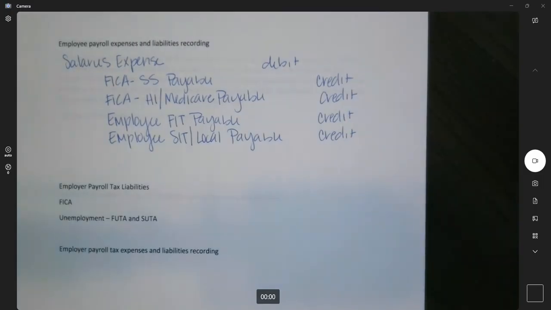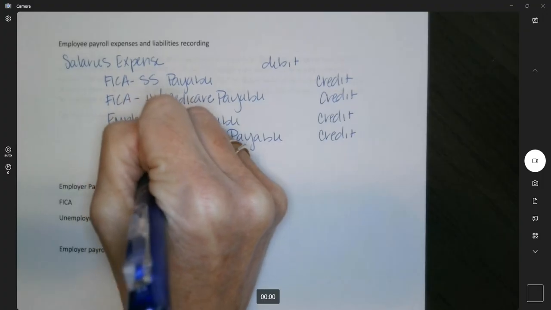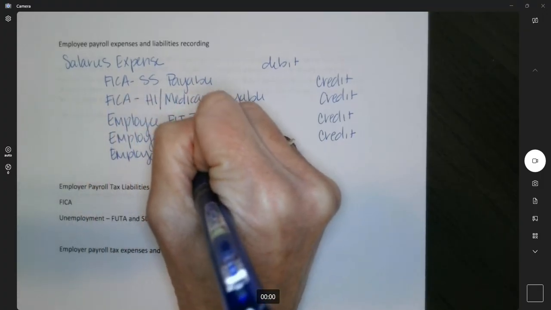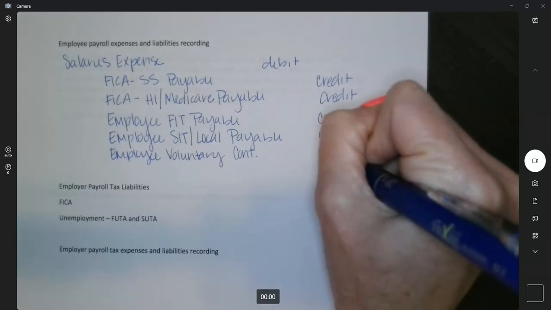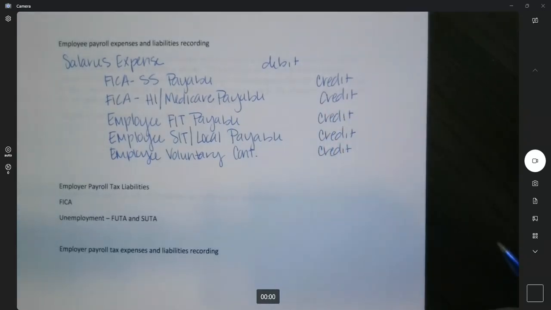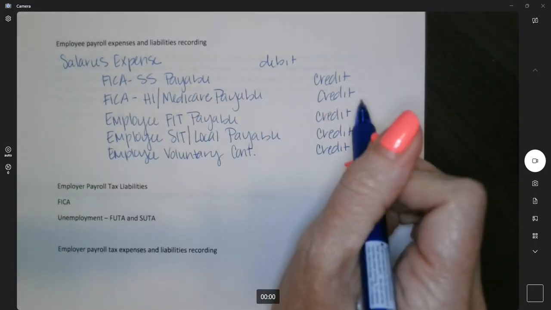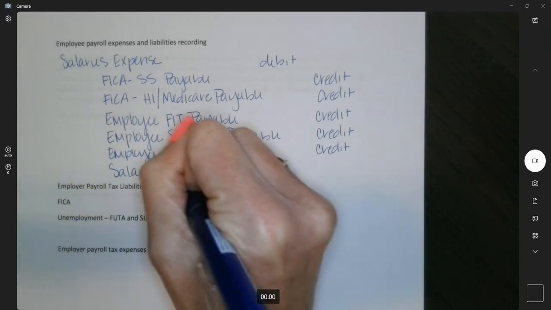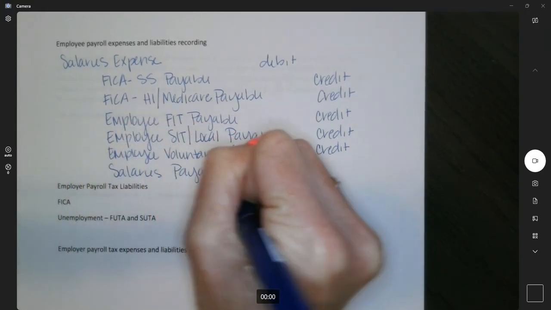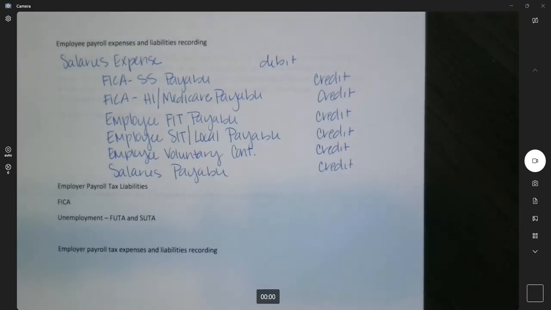Additionally, any additional employee voluntary contributions. This would be like their health insurance or life insurance or 401k, those kind of things. And then finally, once you've reduced the salaries expense by all of these items, what you have left is your salaries payable. We'll see an example with actual numbers on the next page.